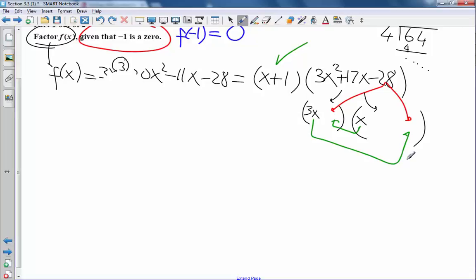What 2 numbers would you go with? What's that? Yes? 7 and negative 4.